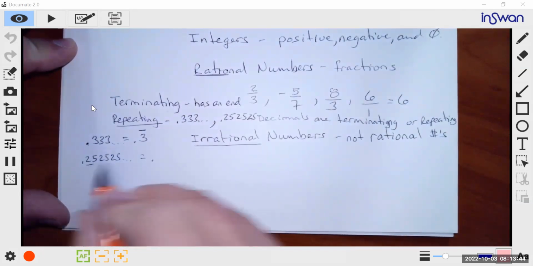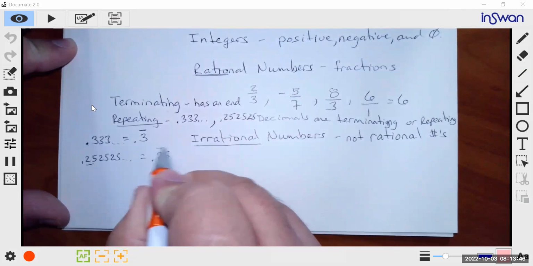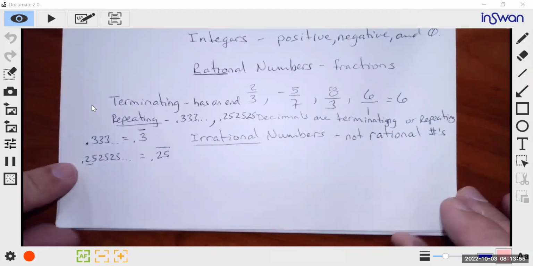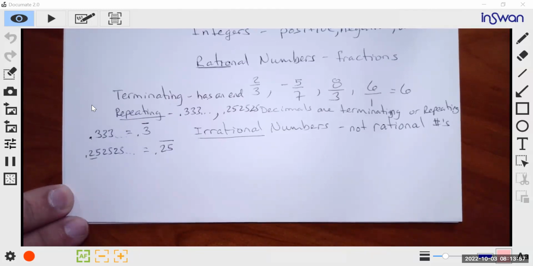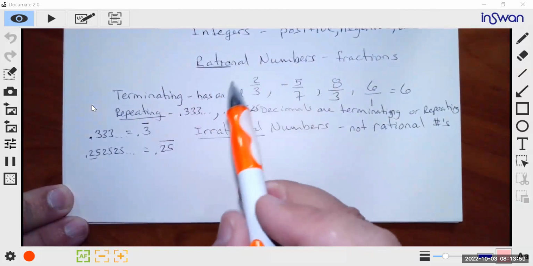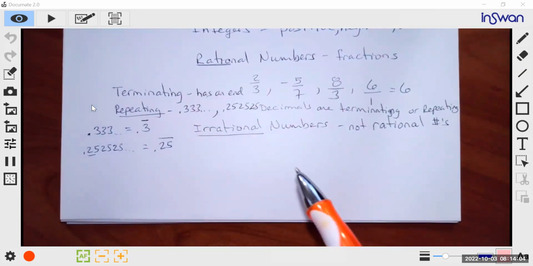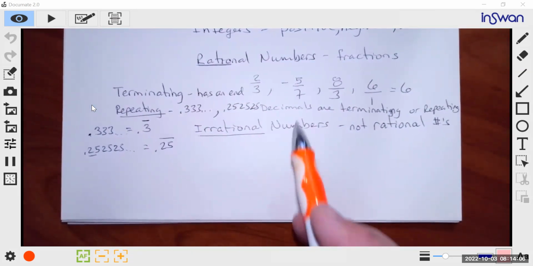Since it's 25 that's repeating, you'd put the bar over 25. So that bar tells you what numbers are in the pattern that's repeating. So those are all rational numbers. The decimal is either terminating, it has an end, or it's repeating.